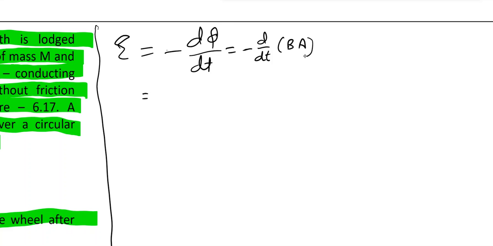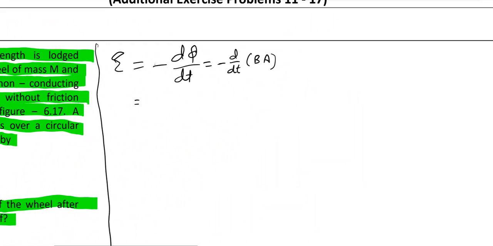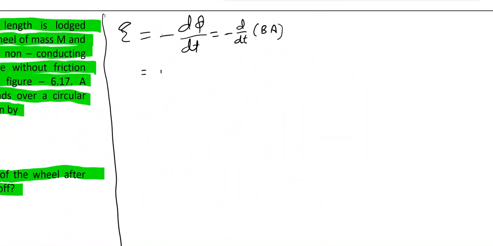Which area should we consider? The radius of this ring is r, so should I take A to be pi r square, or pi into a square? This is not the area, this is the area. Why? Because the magnetic field is only up to a, so the effective area is pi a square, and so we consider A to be pi a square here, giving pi a square dB by dt.